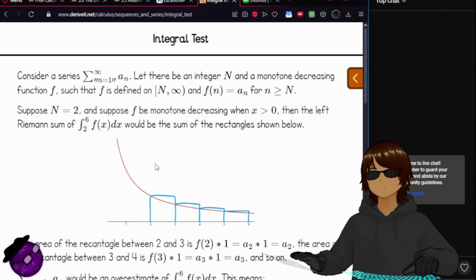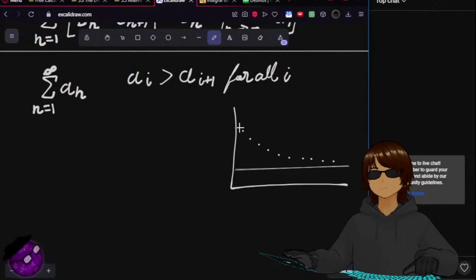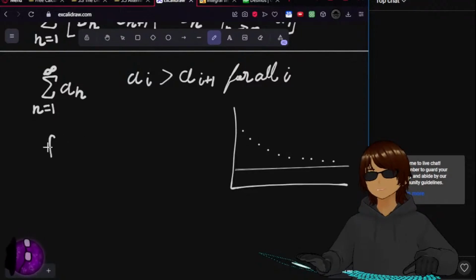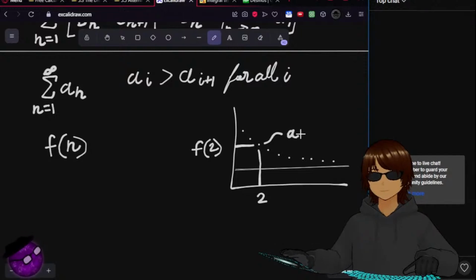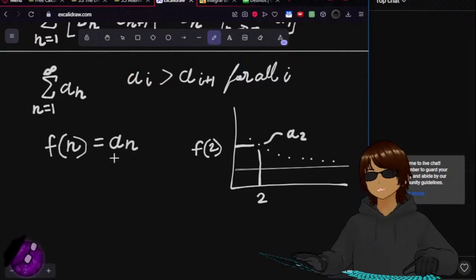Basically, what the integral test says: suppose there's a function called f of x, where f of n is equal to a of n after some point.